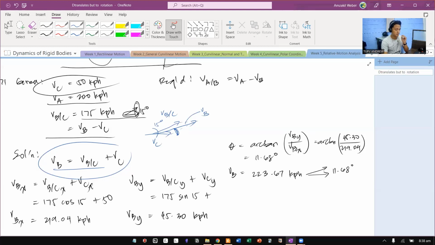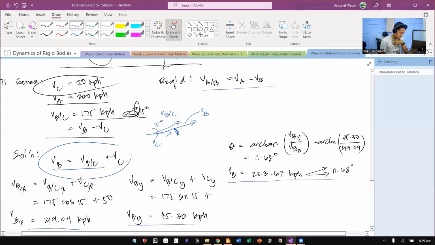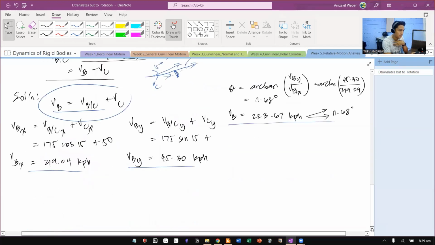That's the absolute velocity of B. Now you can use this to solve the velocity of A with respect to B. If your method is still scalar, it's better not to combine steps until the calculation is finished, because you can use this in the next calculation.